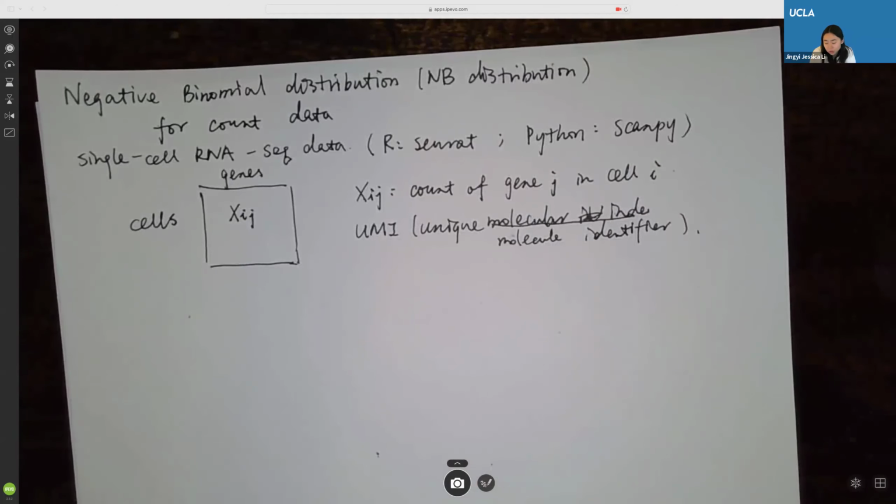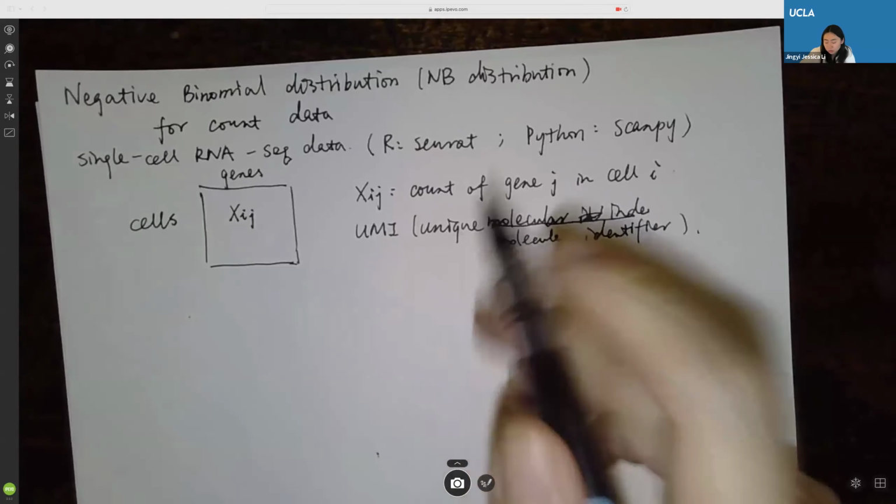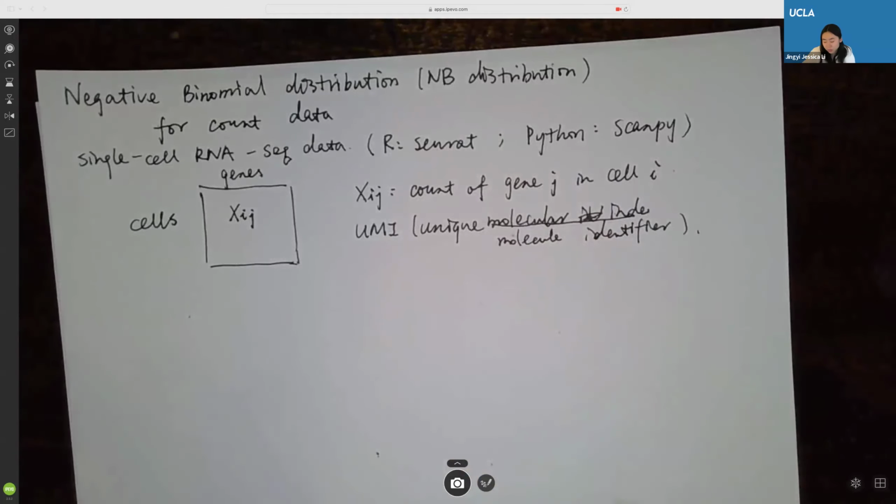So one question regarding single cell data analysis is how do we model the data? For now, since I haven't introduced this technology for data analysis in depth, you can just assume what I told you makes sense.